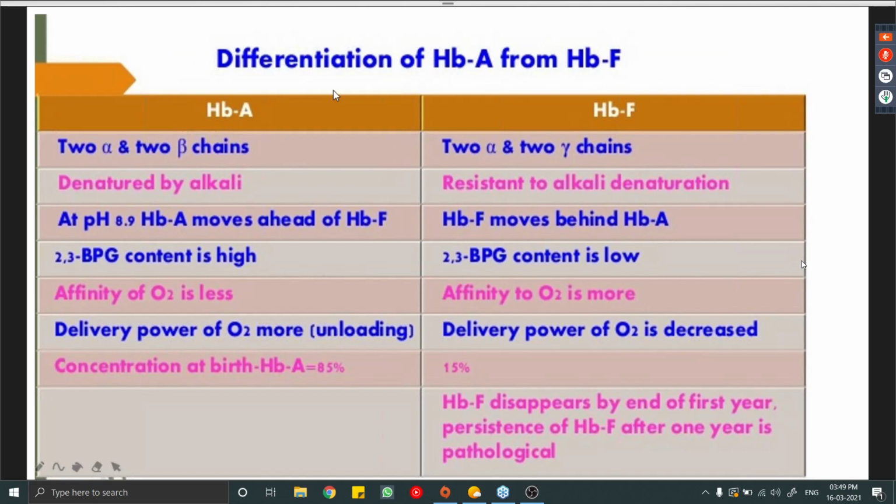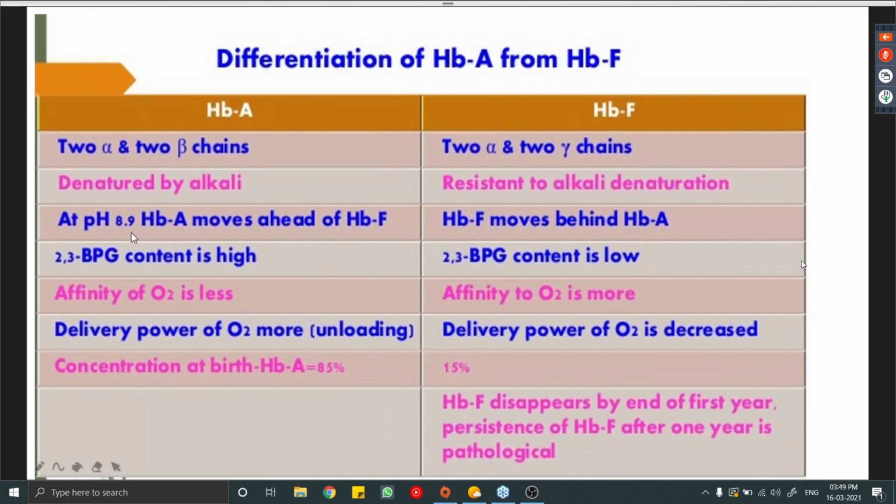So this is the differentiation of HbA from HbF: HbA has 2 alpha and 2 beta chains, whereas HbF has 2 alpha and 2 gamma chains. Adult hemoglobin is denatured by alkali, whereas HbF is resistant to alkali denaturation.